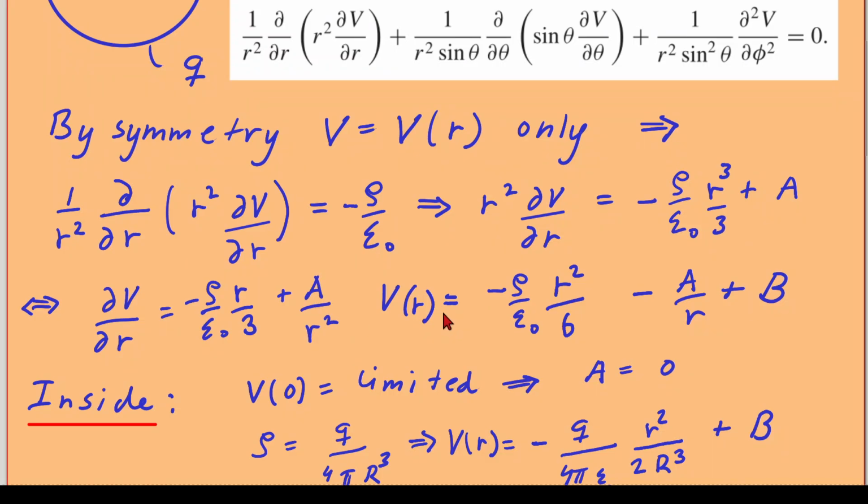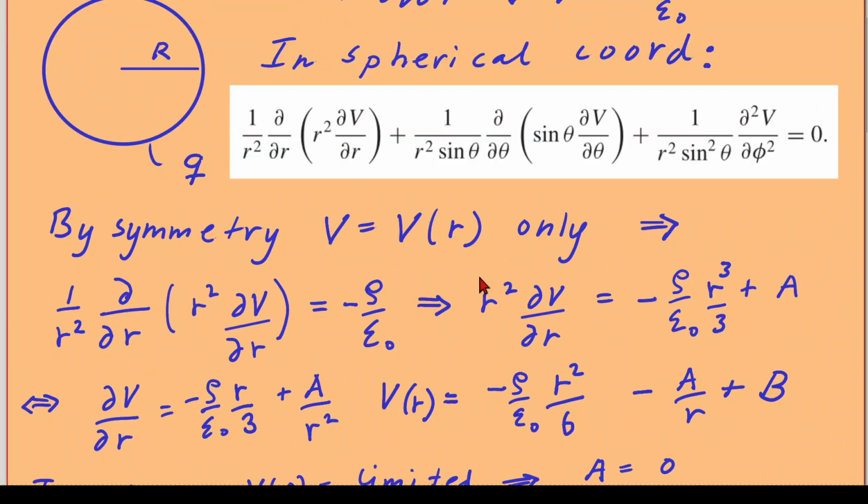And then again, let's find the primitive function. It will be r squared over 2, but there is a 3 here, so it is r squared over 6 here. And then the primitive function of that is negative a over r plus a constant b. If you take the derivative of this, you will get back what you have here. So here is the general form of the potential according to the Poisson equation.